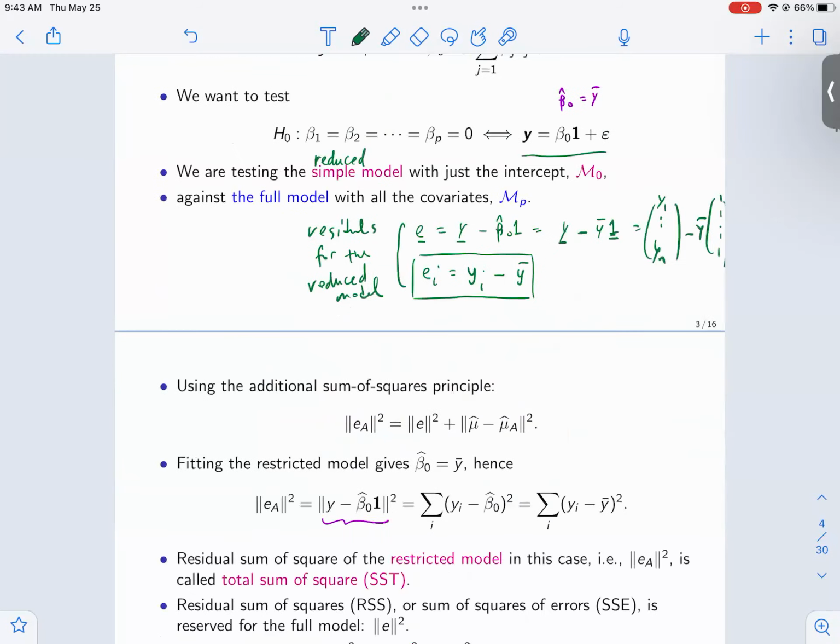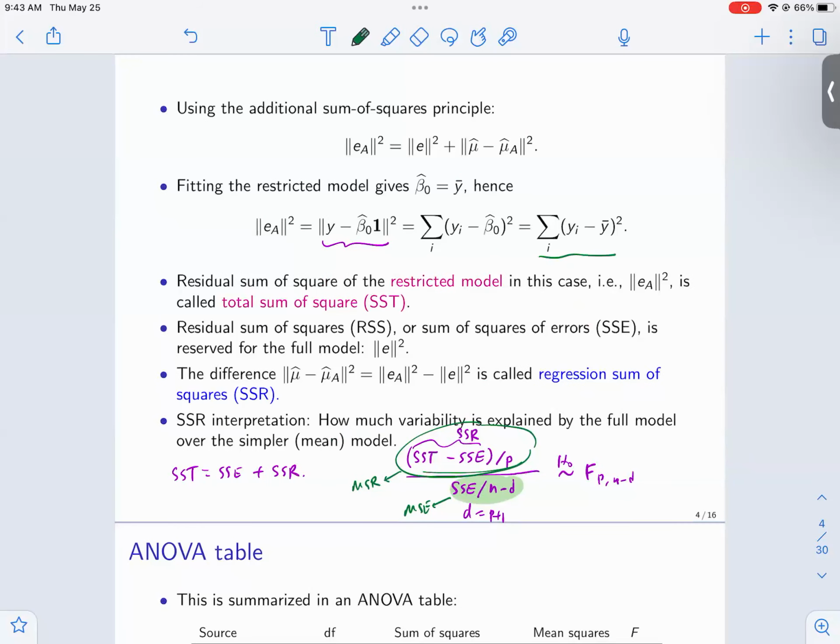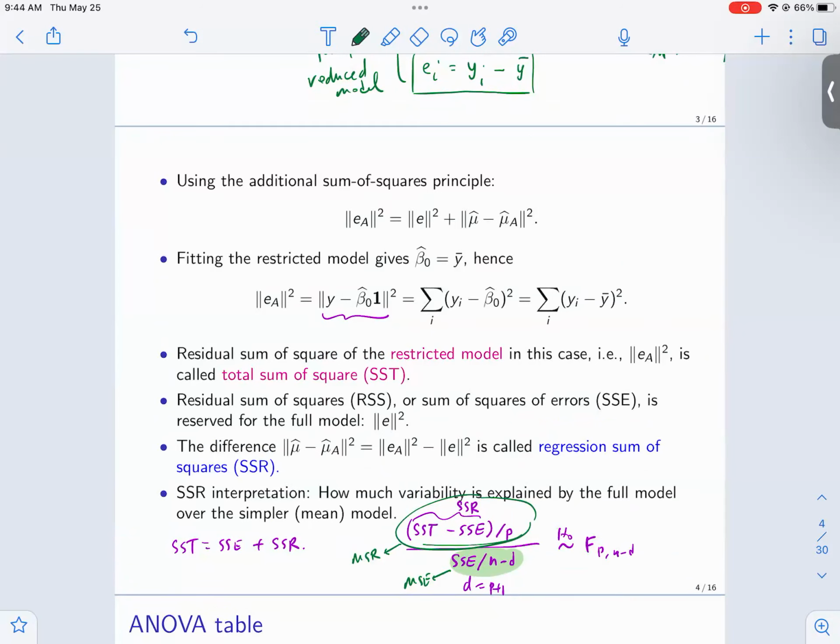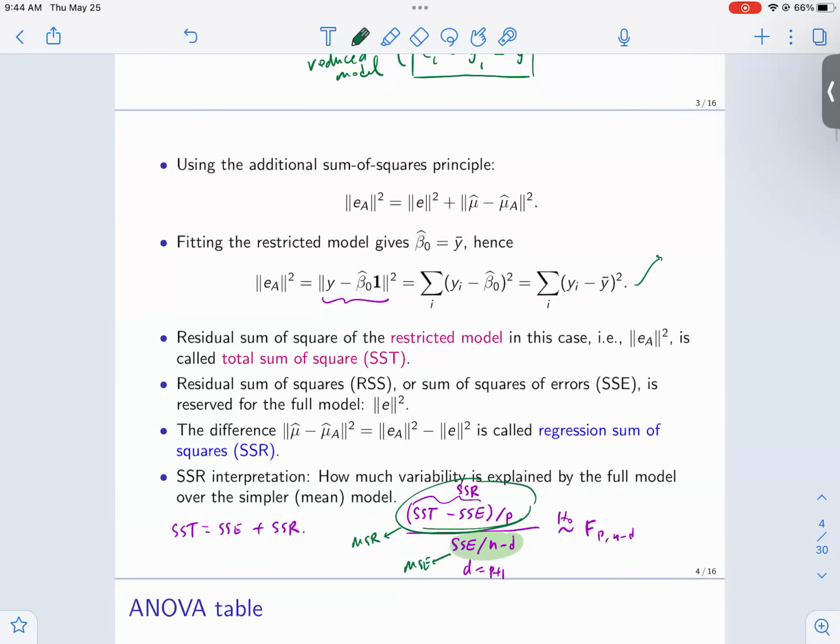And so that would give you this quantity, the summation of y_i minus y bar squared, which is often known as the SST, the total sum of squares.